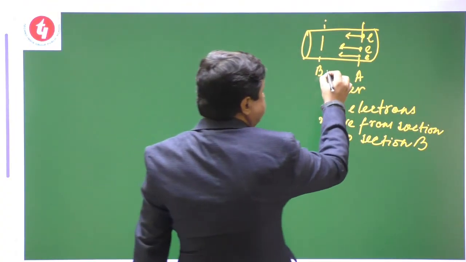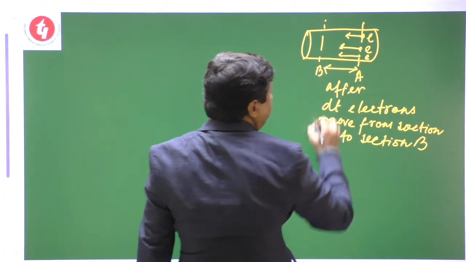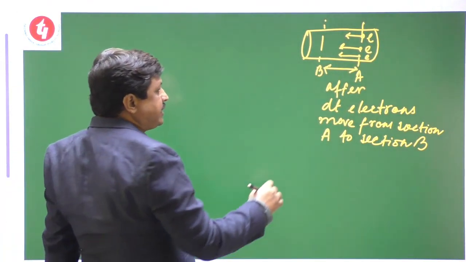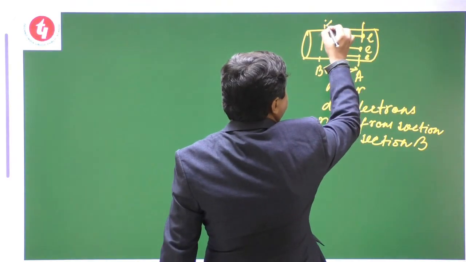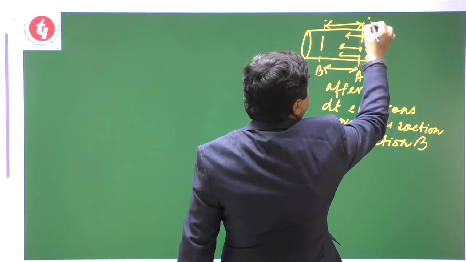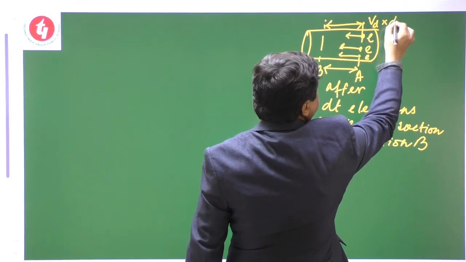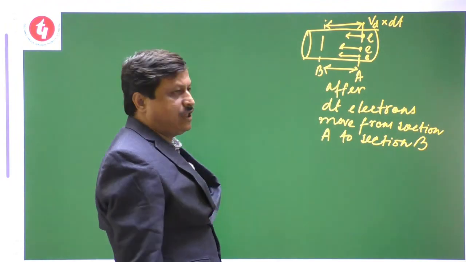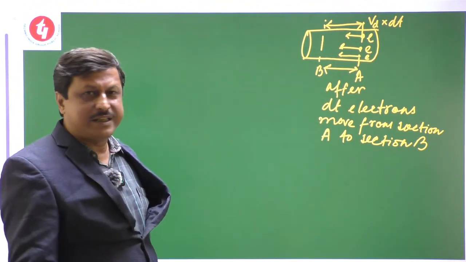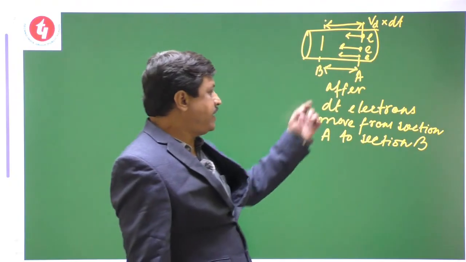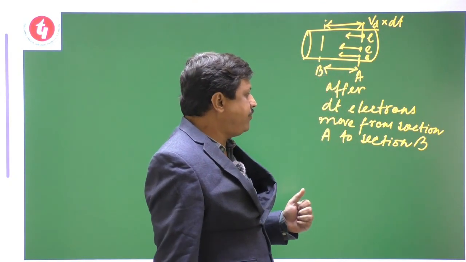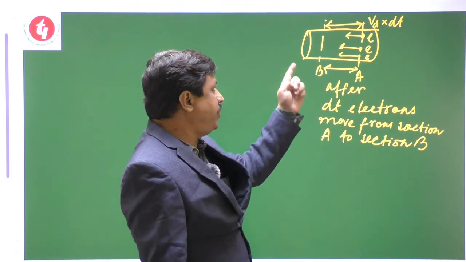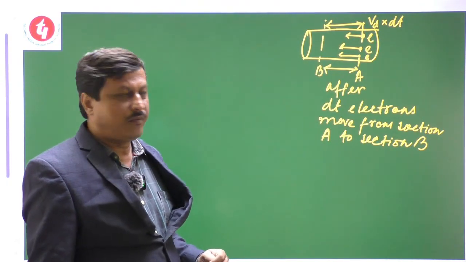So what is the distance between these two points? Obviously they move with velocity vd, the drift velocity, so this distance will be vd into dt, right? If the electrons move with uniform velocity, then velocity into time is displacement. So the separation between sections A and B is Vd into dt.